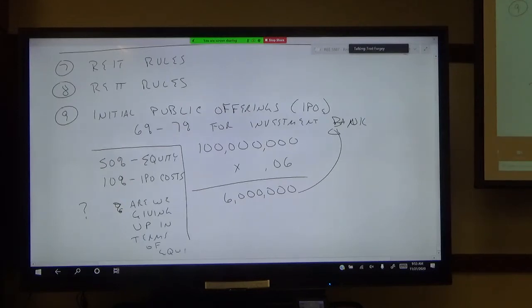In terms of the cost, all you're really doing there is multiplying 50 times 10, and you end up giving away like 5% of your equity just by doing the initial public offering. How did you do that? If we're selling 50% and our IPO cost is 10%, 50 times 10 basically gives us 5%.